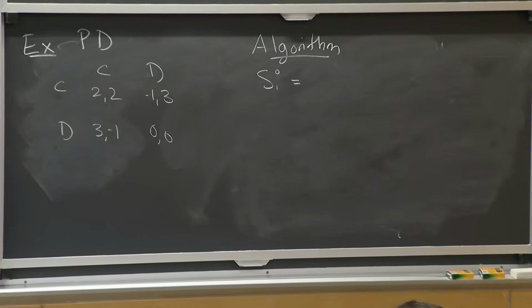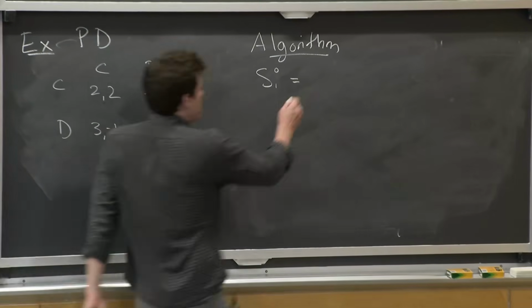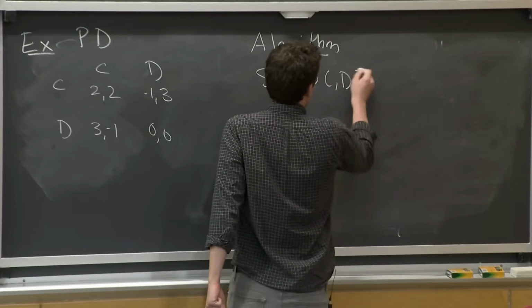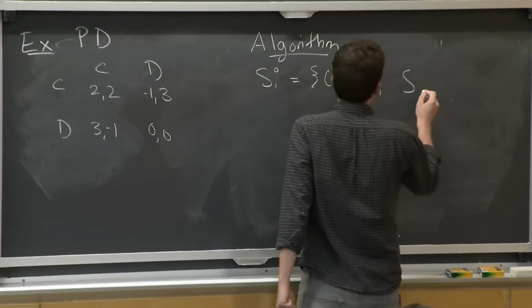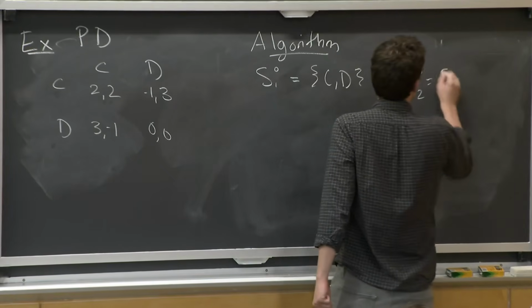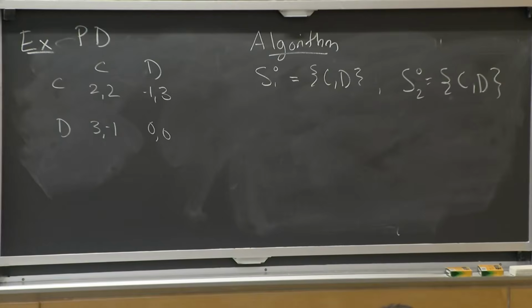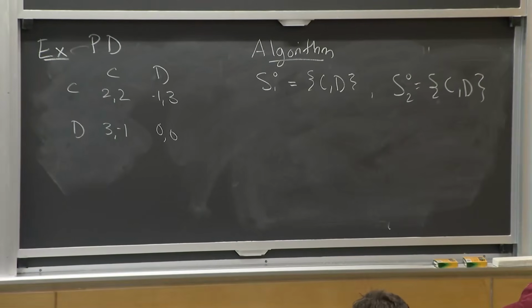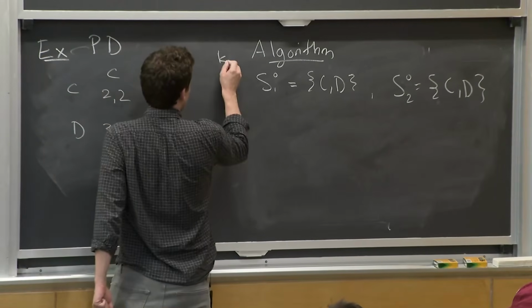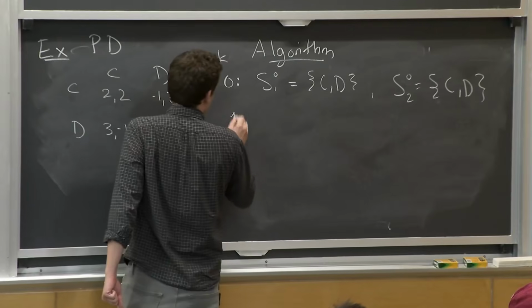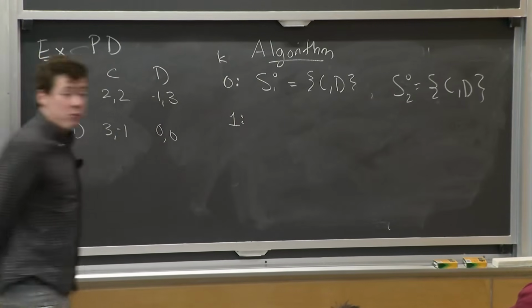Well, this is just the set of strategies for player 1. We already see what it is. It's C, D, so that's easy. And then S_2^0 also equals C, D. OK? So now let's go. So this is step k equals 0. Now let's go to step 1.